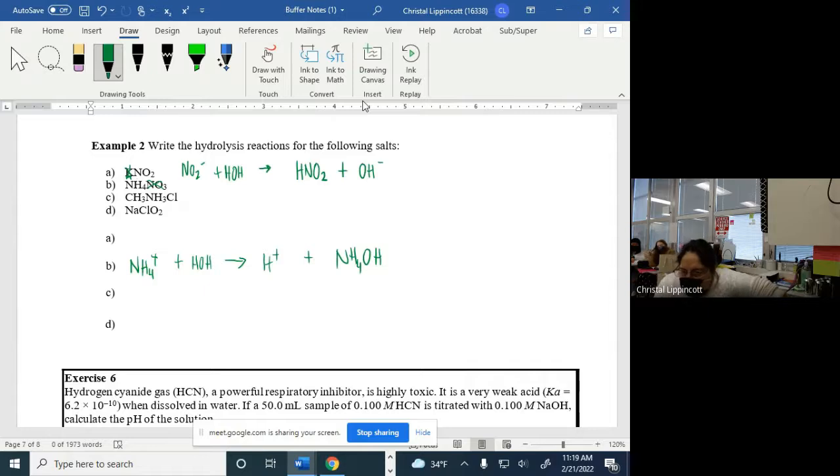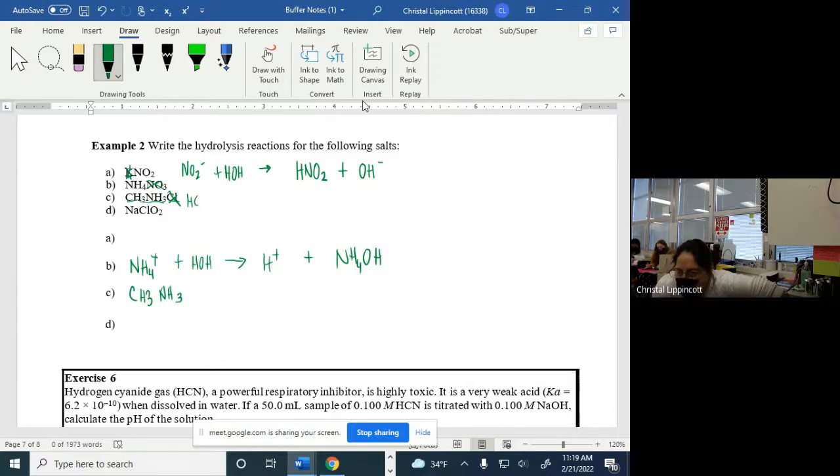All right, Cl. Is it going to grab this or this? Cl's going away. That's my strong. Remember, HCl is strong. So it's going to grab the CH3NH3. And what charge does that have?